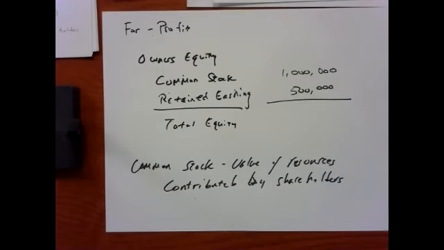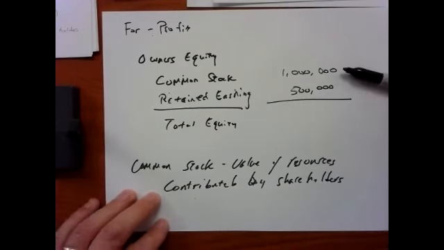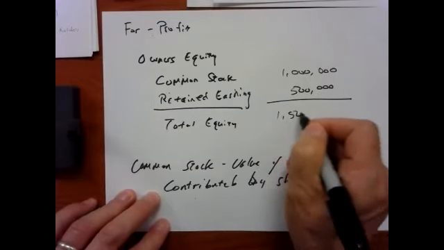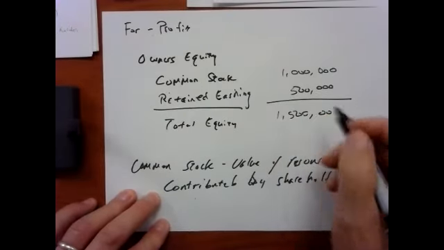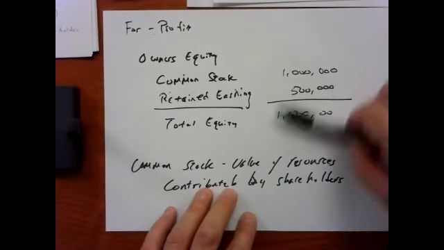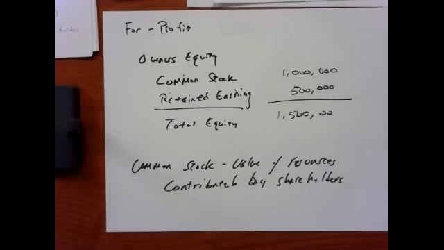So at the end of the year, they have the $1 million in common stock that they contributed at the beginning of the year, and then they have the $500,000 in profits that they have decided to retain. So 1 million plus 500,000 gives them an equity account of 1.5 million. Now, if Taylor joined, we would have had 1.5 million up here, and then it would have been 2 million, right?